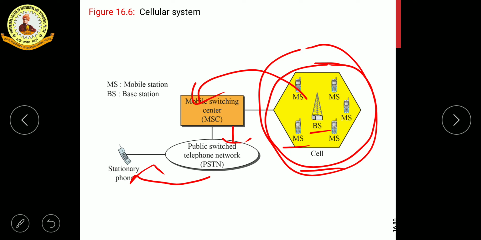Then the typical radius of a cell is 1 to 12 miles. Please note this. Then high density areas require geographically smaller cells. It means as and when the density or the population increases, geographically smaller cells are made.